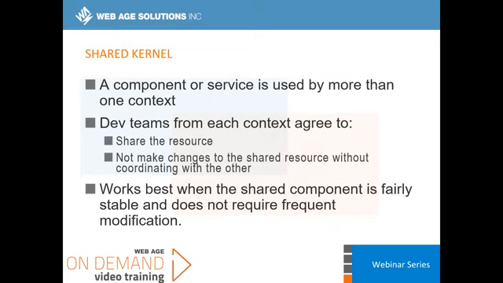Again, the shared resource is its own project, its own bounded context, and it may be owned and worked on by one or both of the teams, depending on how you have the coordination set up. Okay. This kind of thing is often some sort of cross-cutting concern. So cross-cutting concerns include things like authentication, authorization, logging, that kind of information that cuts across multiple bounded contexts.